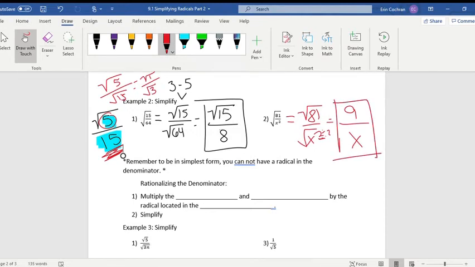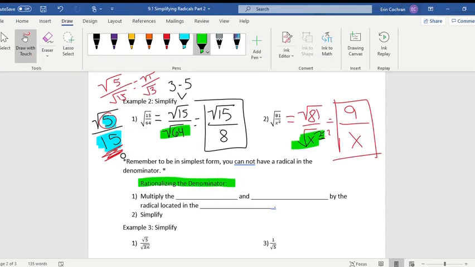Okay. Now, what if we cannot take the square root of my denominator? So like 64, x squared. What if those aren't perfect squares? What would I have to do to get that radical out of your denominator? Okay, that is known as rationalizing the denominator.